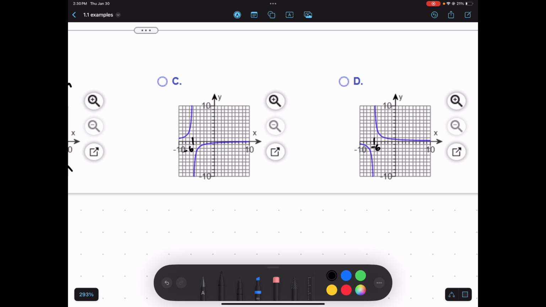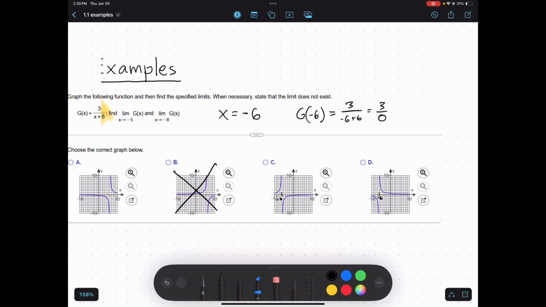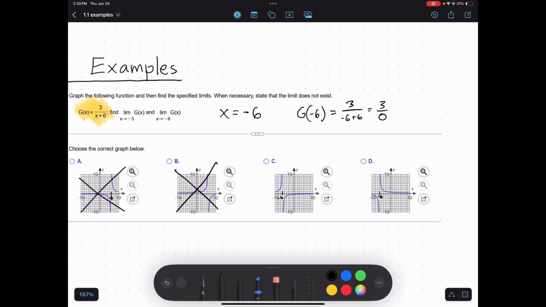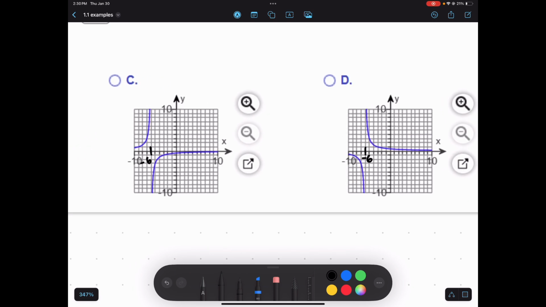Now, we just have to figure out which one is the one we want. Which one corresponds to our graph? Which one corresponds to 3 over x plus 6? Well, they both have a discontinuity at negative 6, but the difference between these two graphs is that for most of the graph that we see, D is positive, right?